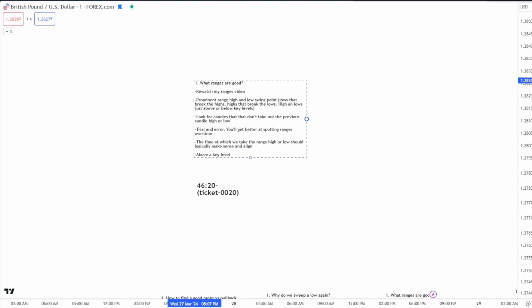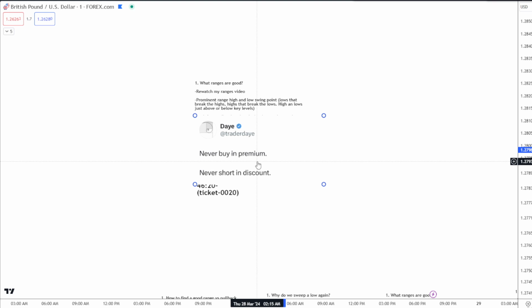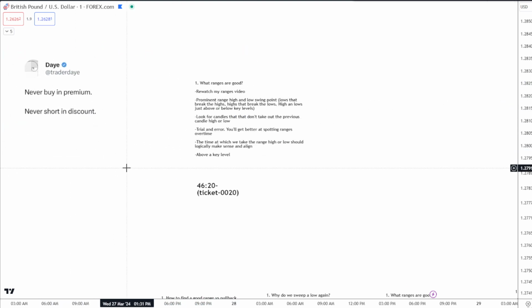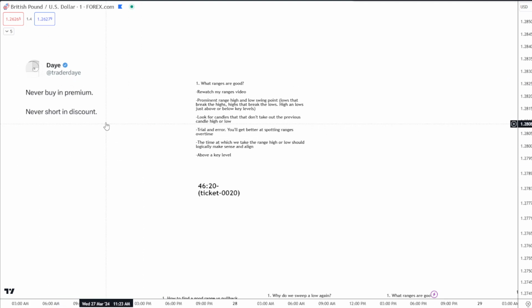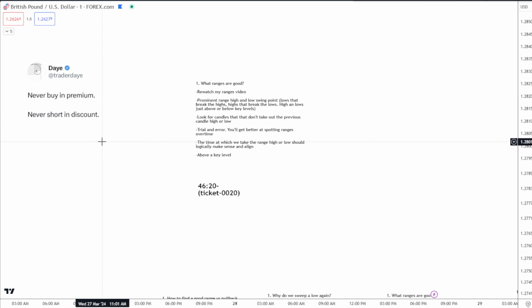Okay, so this guy says trader days, never buy in a premium, never short in a discount. Everyone says that you shouldn't long in a premium or short in a discount, but I see many times price will tap into a key level without reaching a premium or a discount, right? So when people say to never buy in a premium, never short in a discount, that's just to save many inexperienced traders, in my opinion. It's the same thing as never selling below a low and never buying above a high. You can do it, which Romeo talks about.